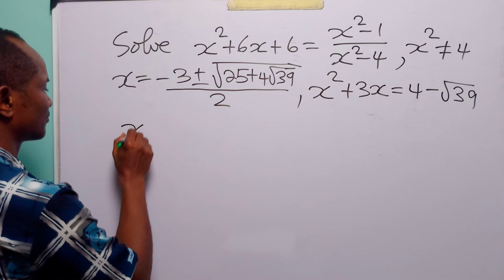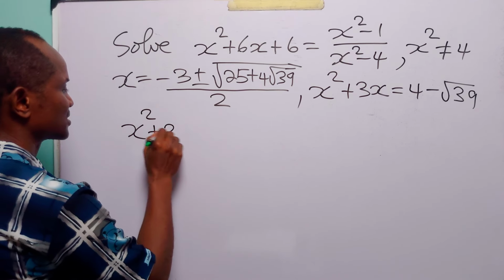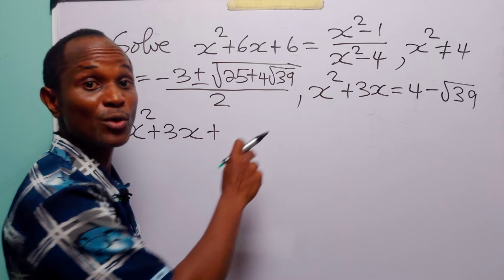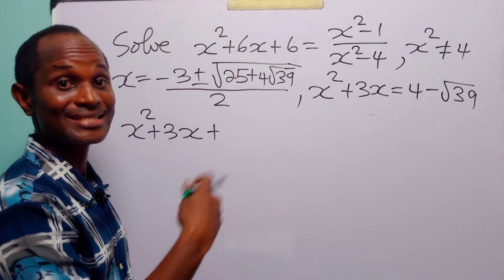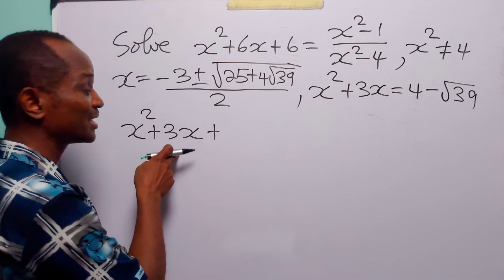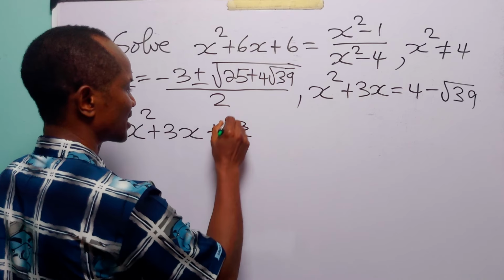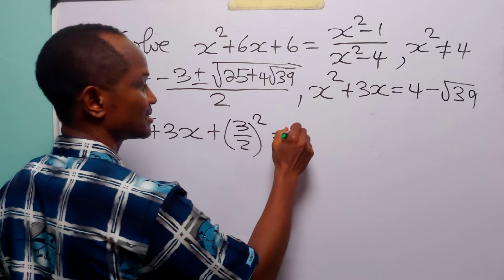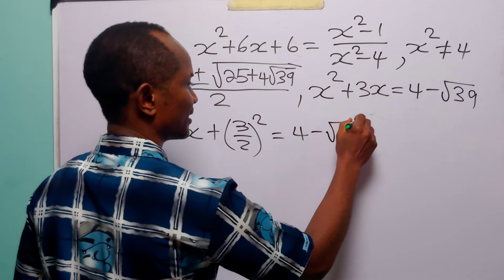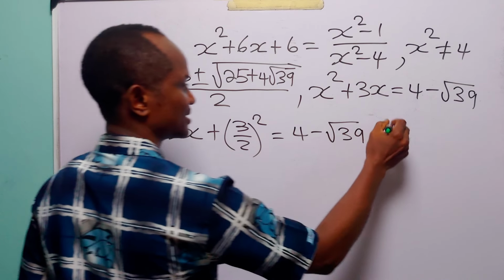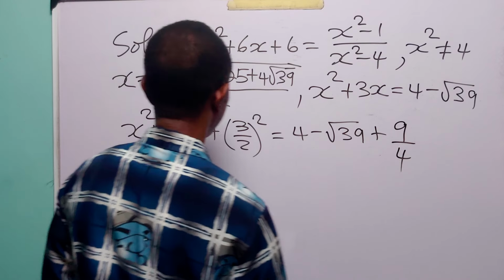We have x squared plus 3x plus, we divide the coefficient of x by 2, square it and add to both sides to complete the square on the left hand side. So we have 3 over 2 squared, and this is equal to 4 minus root 39 plus 3 over 2 squared is 9 over 4.